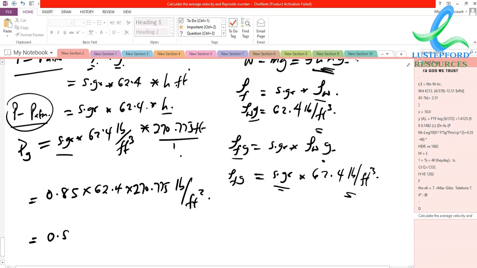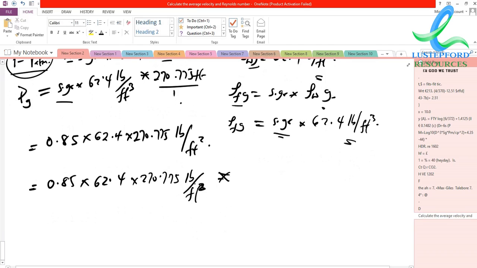Now we needed to change this to pounds per inch square, which is PSI. So this times, I needed to remove this feet here, so I will now say 1 feet is equivalent to 12 inches, all squared.